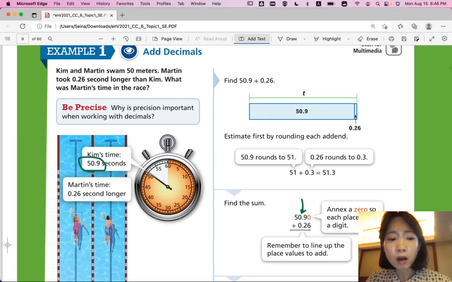So they are swimming together, they're racing. They look like they're fairly close to each other, but Kim goes in first. So Kim finishes in 50.9 seconds, and Martin's time is 0.26 seconds longer. So 0.26 seconds after Kim finishes, Martin finishes too.